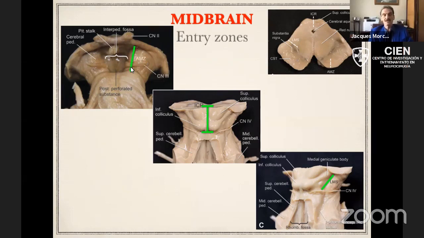So if you enter medial to it, those would be frontopontine fibers, relatively safe to enter. You could enter between both sets of colliculi, and you could enter, that's probably the most useful one in the midbrain, the lateral mesencephalic sulcus.